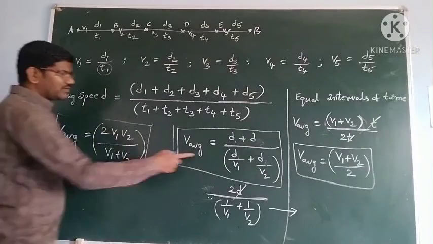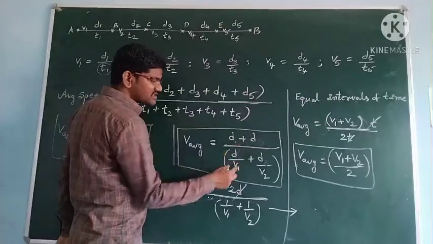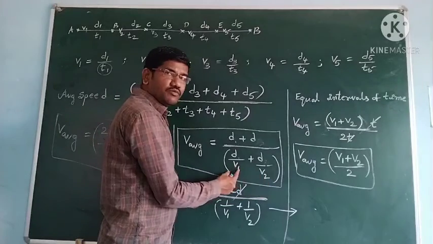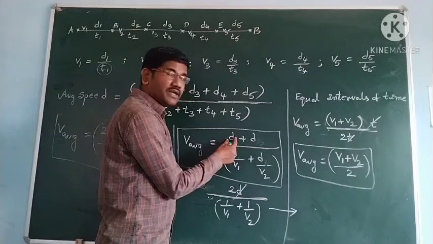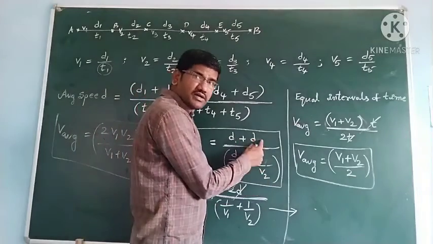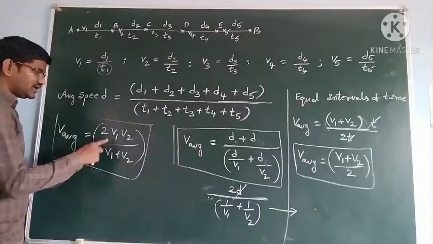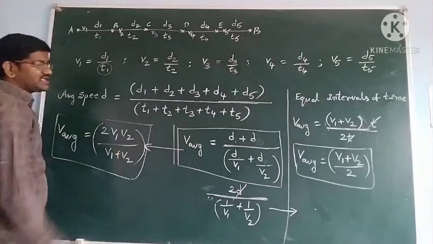Different speeds are maintained, but the distances covered are the same. V1 speed is different, V2 speed is different. But with V1 speed, if it went d kilometers, with V2 speed also it covered the same distance. So for same distances covered, the formula will change like this.